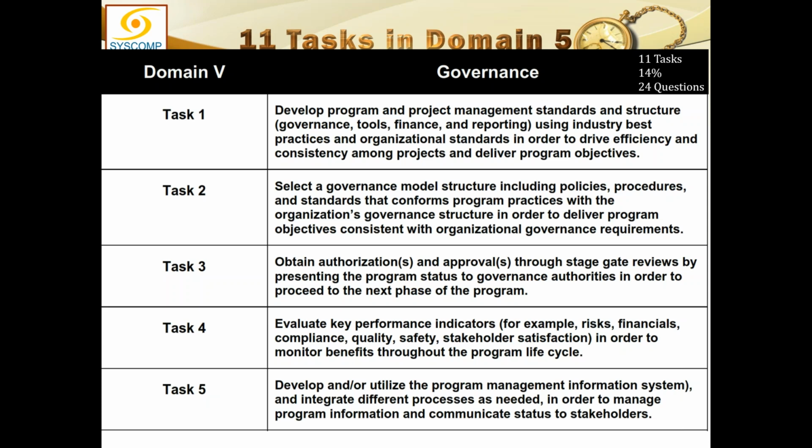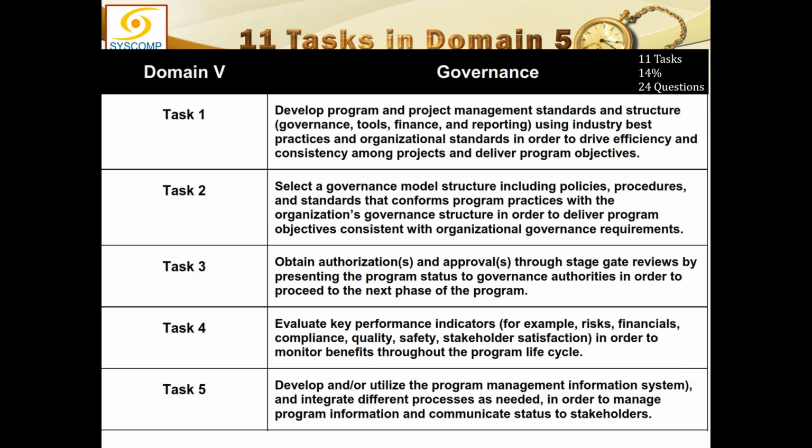My program governance should be in alignment with the organizational governance, but it will further enhance and detail the governance for the program in order to deliver program objectives consistent with organizational governance requirements. I hope this is self-explanatory, and you might now have understood how governance affects a program and how it aligns with the organization.